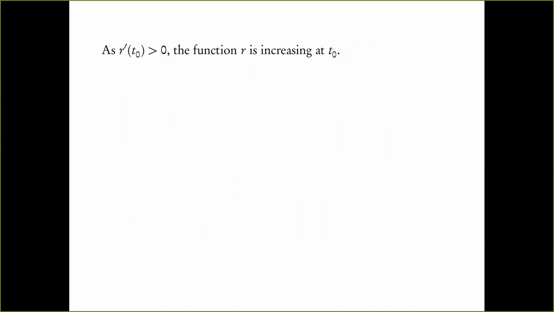But if r is increasing at t0, what can you say about beta? Remember, r cosine beta is a constant. And if r is increasing, then cosine beta should be decreasing, correct? And our beta is basically from minus pi over 2 to pi over 2, correct? And we're assuming that the angle beta is actually positive, which means it's between 0 and pi over 2.